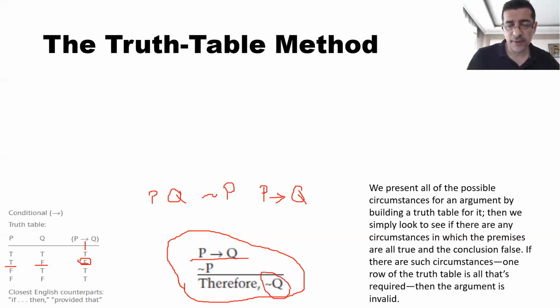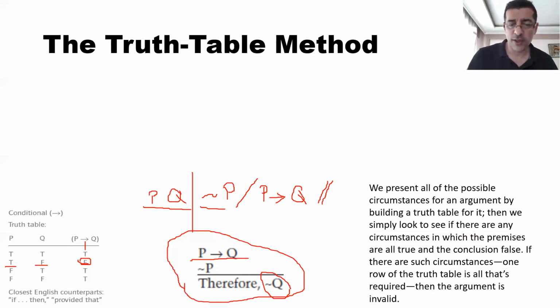Okay. By the way, to make it easier for us, we can just draw two slashes here to separate the premises, but this is what we're going to need for the next method. So just to familiarize you with this. So now we have our two propositions.